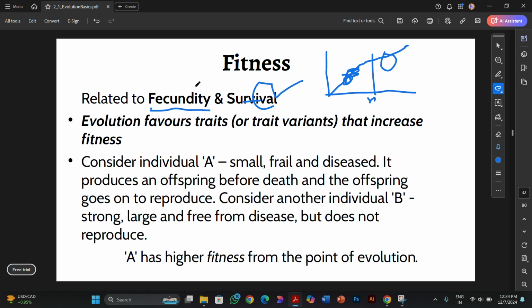So we can say that before reproductive age, fitness is suppose fecundity to the power 4 plus survival, and after reproductive age we can say f squared plus s squared.